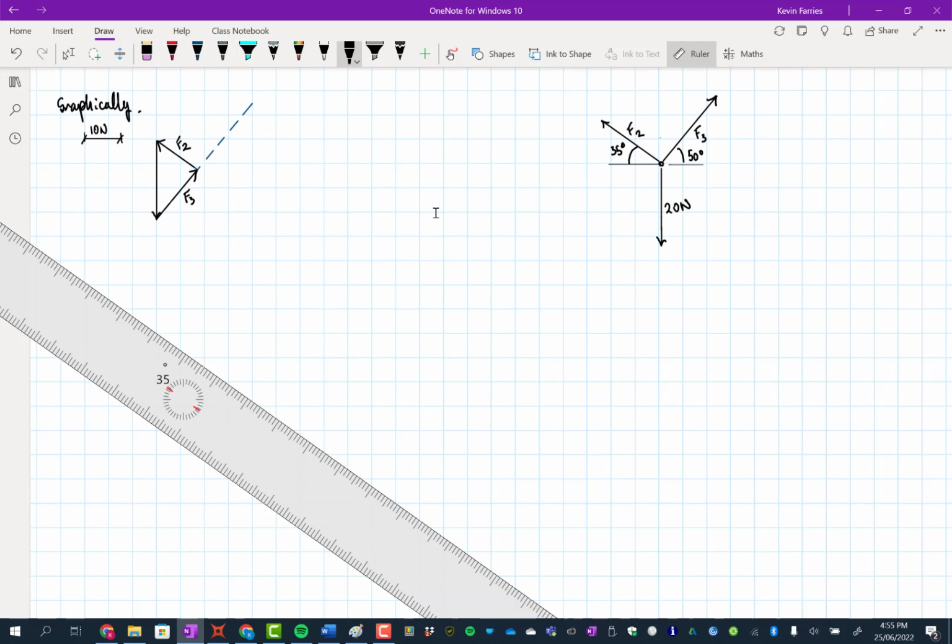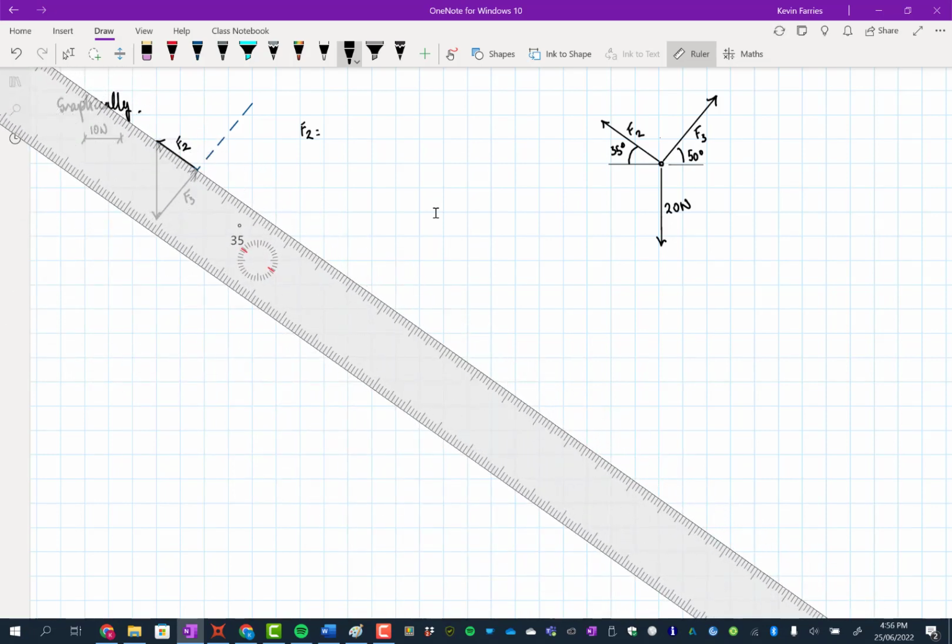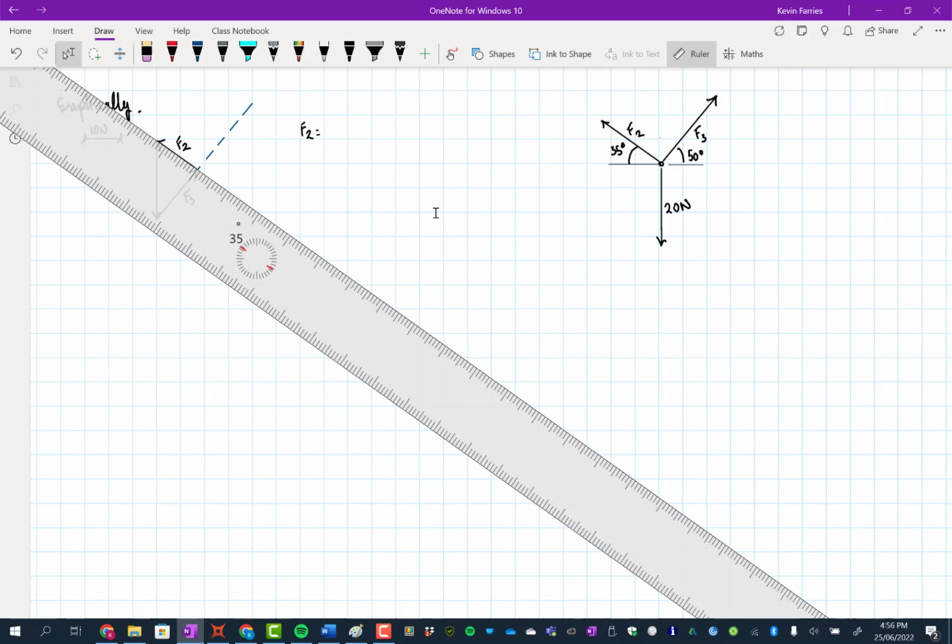So therefore, F2 equals, so let's measure that. So 10 division was 10 newtons. So that's 10, 11, 12, about 13. So it is approximate because it's just a scale drawing and it's a bit small really. So this is not going to be too accurate, but it's about 13 newtons.